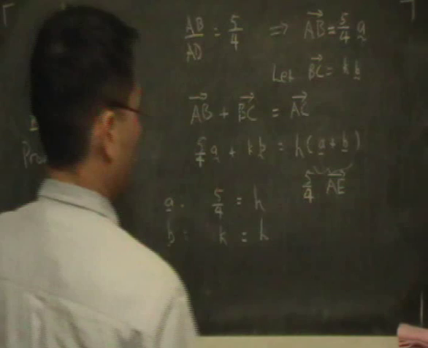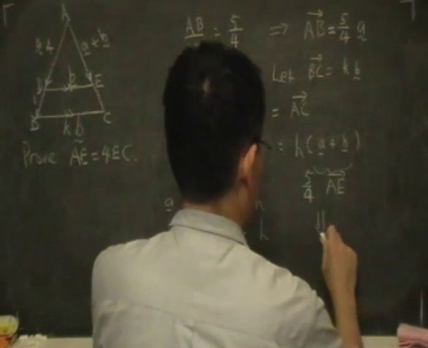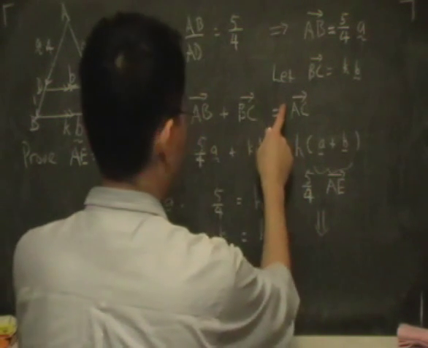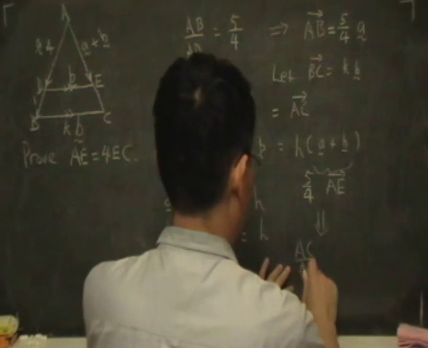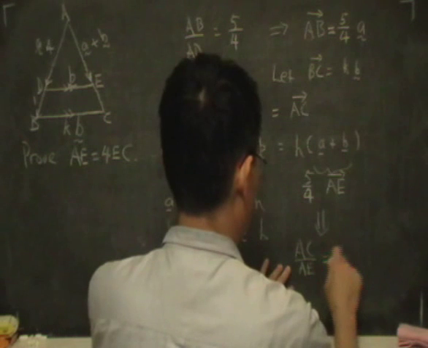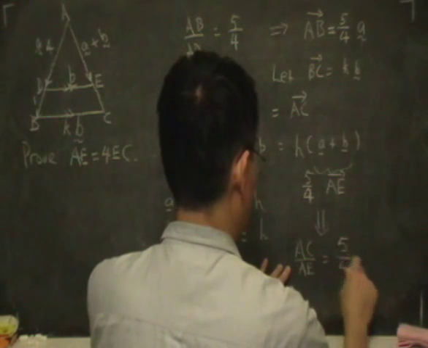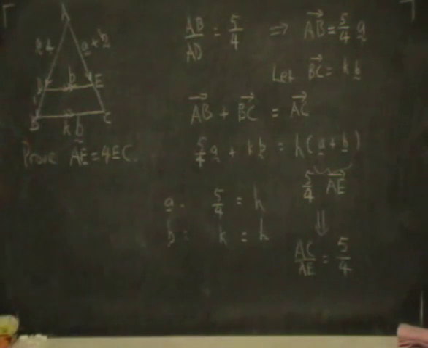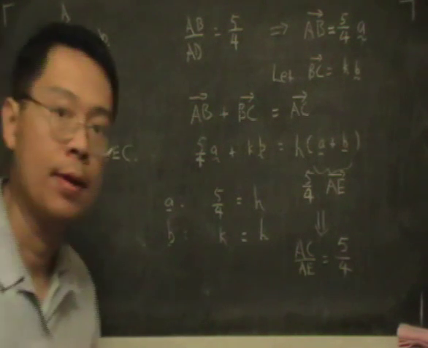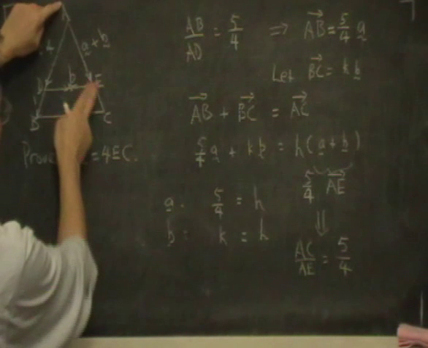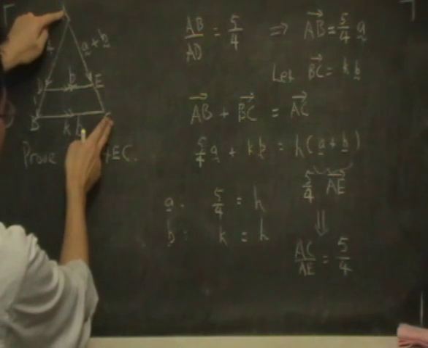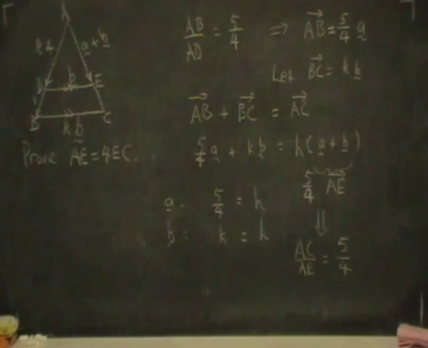This tells us that the ratio of AC to AE is 5/4. This ratio of AC to AE is 5:4.